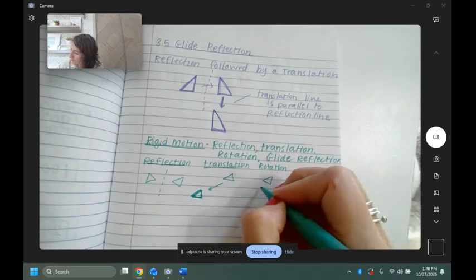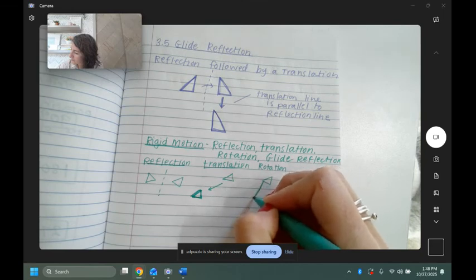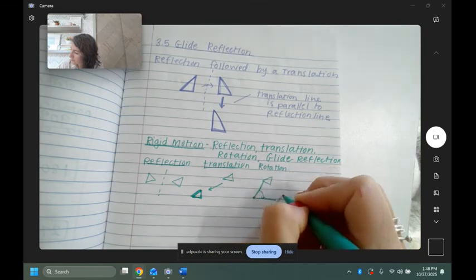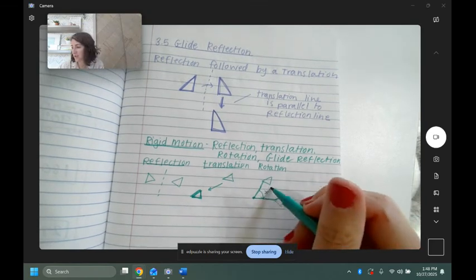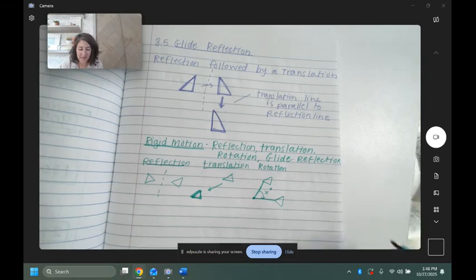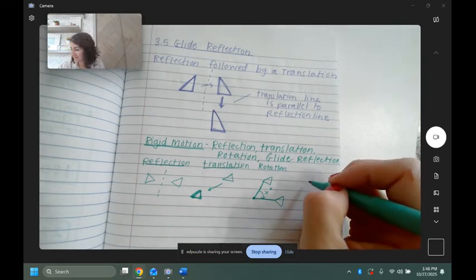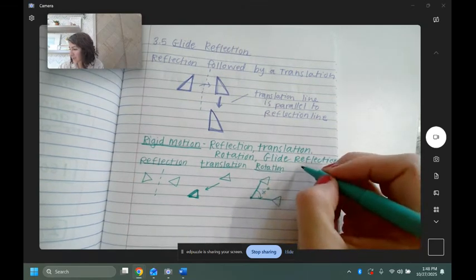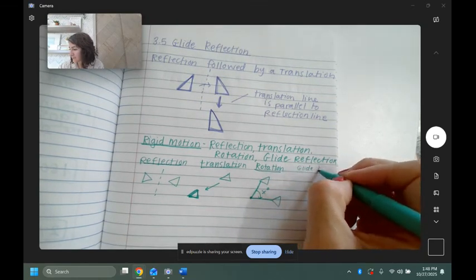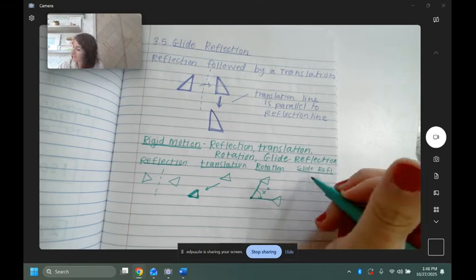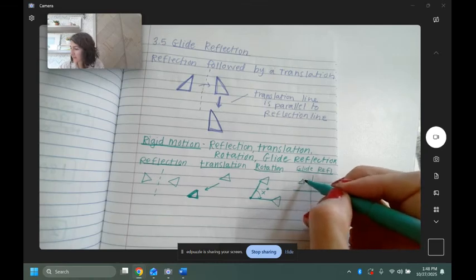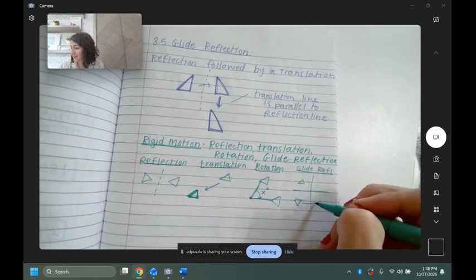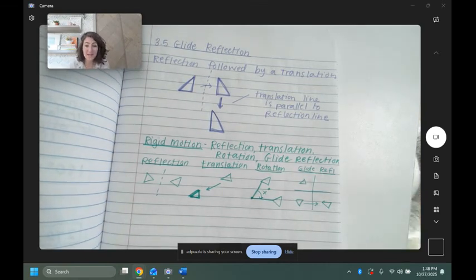Got your triangle. Rotates X degrees, right? And then this glide reflection. So if we have an x-axis here, something like this, flips down here, then slides over there. Something to that effect.